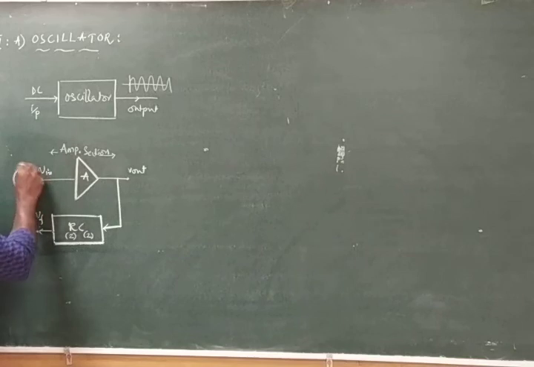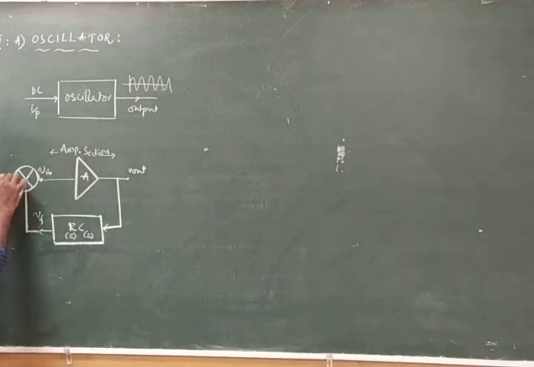That is the Vs signal. You can call it Vs. This is plus and this is plus. Then what is the phase difference between these two? Feedback signal and the source signal phase difference is 0 degrees or 360 degrees.